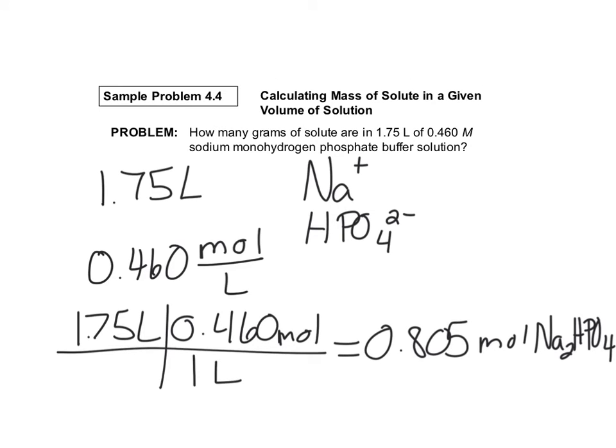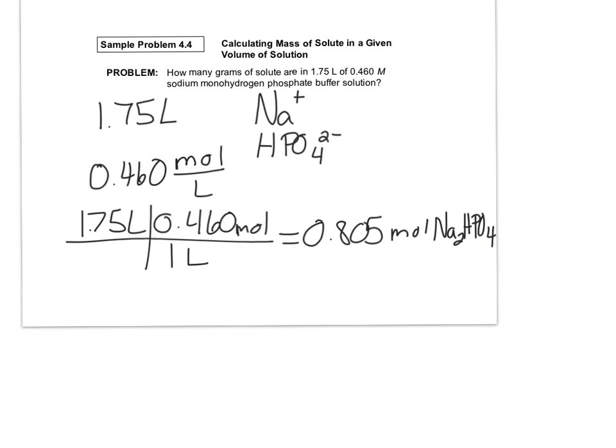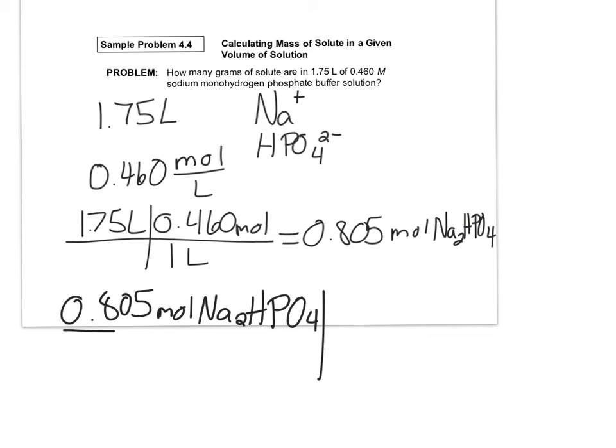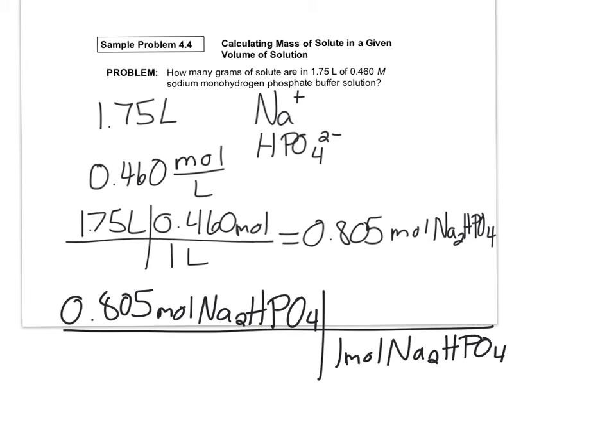All right, so now we can convert moles to grams by using the molar mass. So if I have 0.805 moles, let me write my formula here, HPO4, and set up my T. For every 1 mole of sodium monohydrogen phosphate, I've got to do my molar mass, don't I?